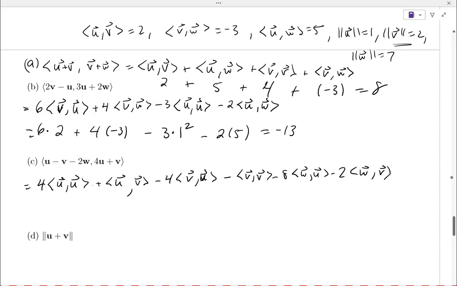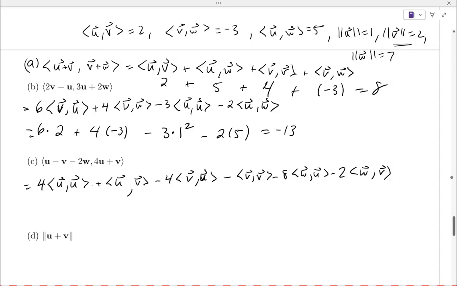Everybody okay with how we got those? Just doing this distribution. Alexis did the u with the u, the u with the v, and then the v with the u, the v with the v, the w with the u, and the w with the v. As long as you get all 6 multiplications done, you're good. Doesn't matter what order you do it in. And now again, do we have all of these values?